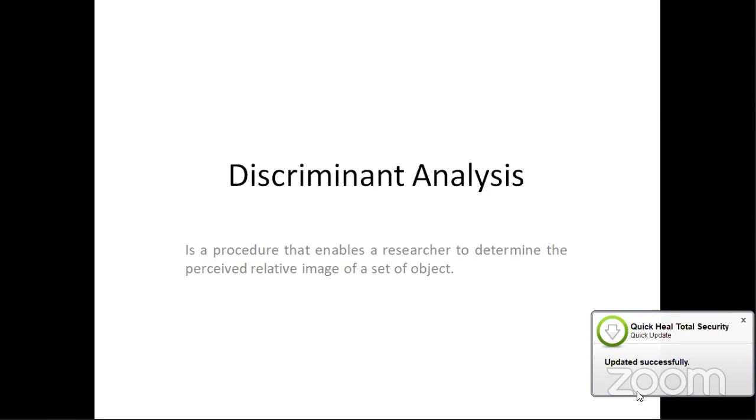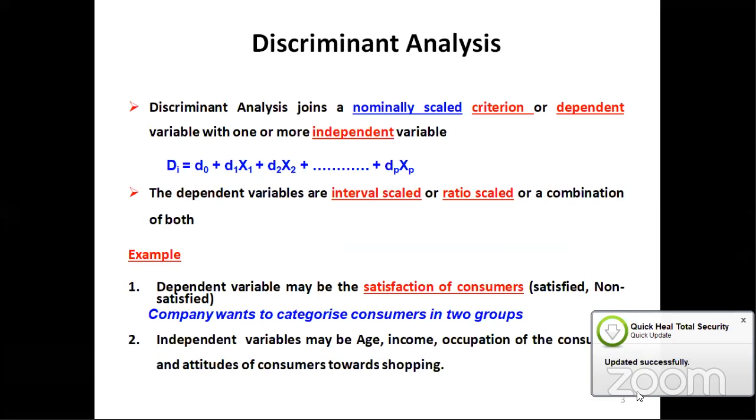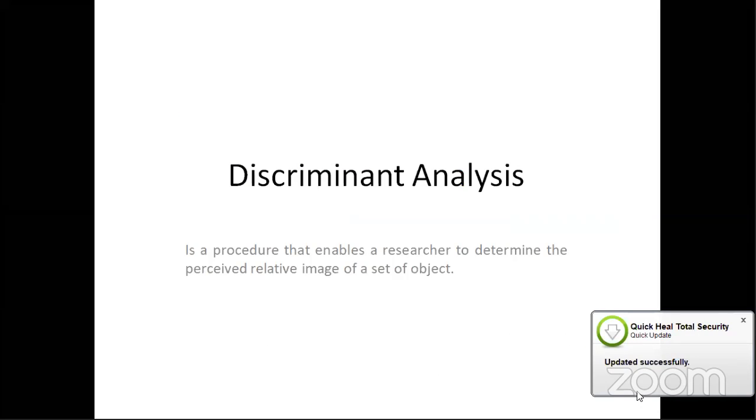Suppose the standardized coefficient for income is 0.80 and for family size is 0.60, that means the contribution of income is more compared to family size. So these are the terminologies, the points related to multiple regression analysis. We are going to use the same thing but in a different form in the discriminant analysis.